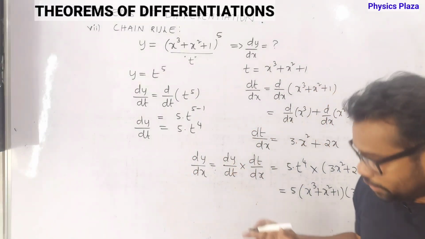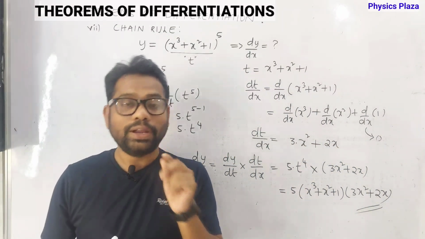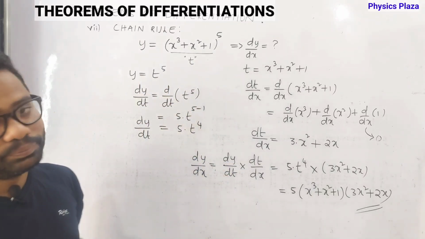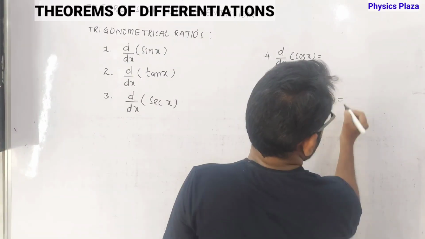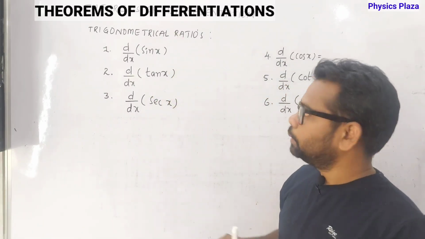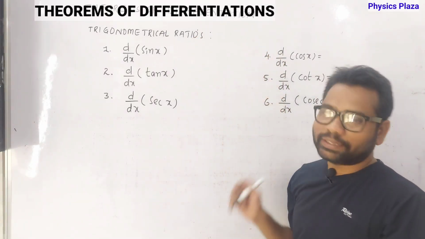Okay children, just copy it and we will see the differential coefficients of trigonometric ratios. These are very important. Now let us see them. But why I wrote 3 here and 3 here, I will tell you after writing this, children.